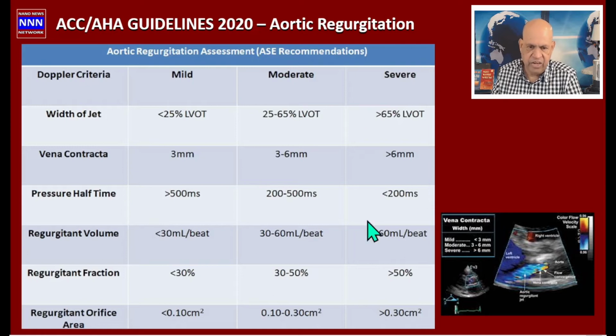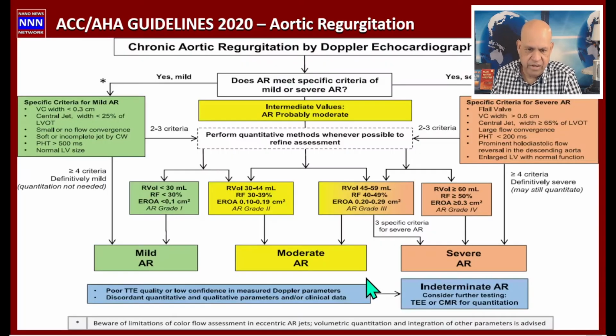So knowing these numbers will help us to determine how we proceed further. This is a more elaborate way of looking at it. If you are an echocardiographer, you can spend a whole day analyzing a patient with aortic regurgitation by getting fantastic images, pulse Dopplers and color flows, and then decide what is going on.